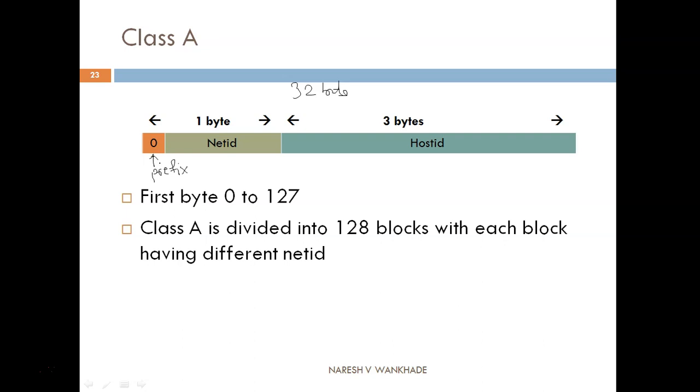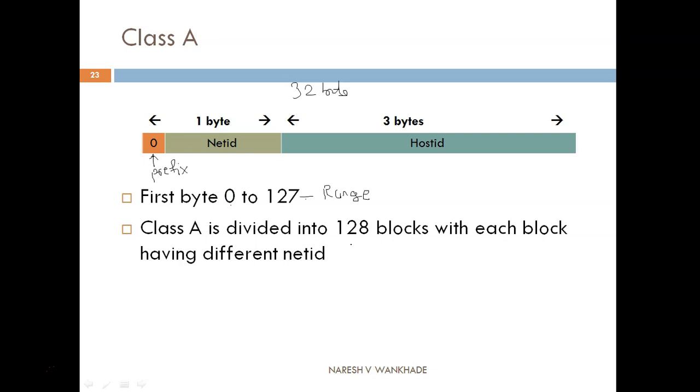This 0, that is the first bit of class A, is used to identify the class of the address. Means when an address starts with 0, it belongs to class A. The range of class A is from 0 to 127, means the minimum value of this byte is 0 and the maximum value for class A is 127.